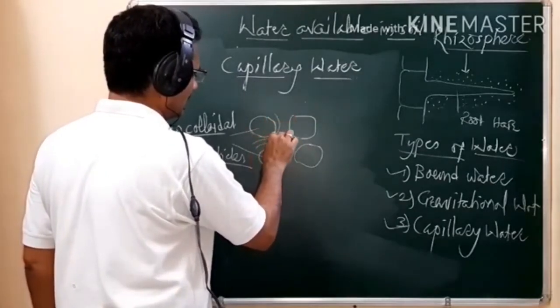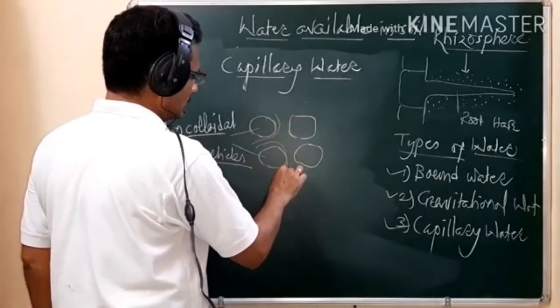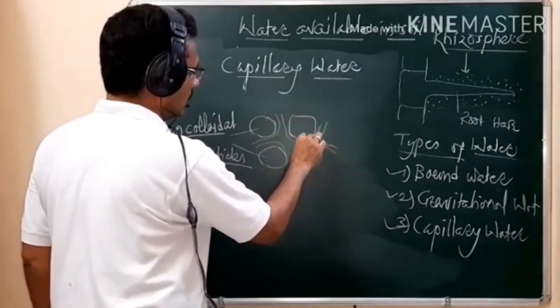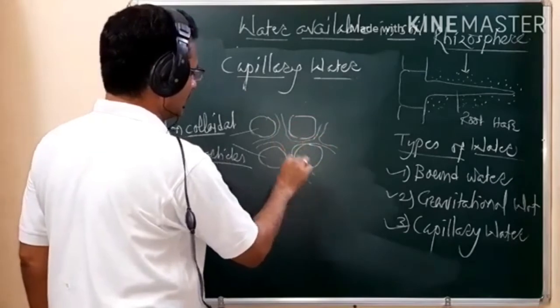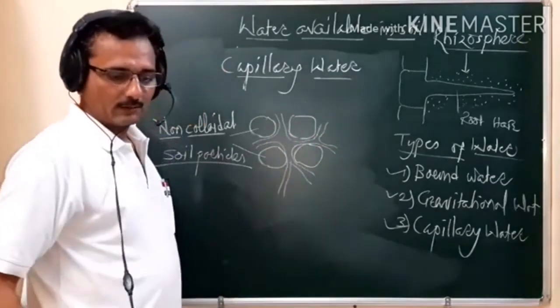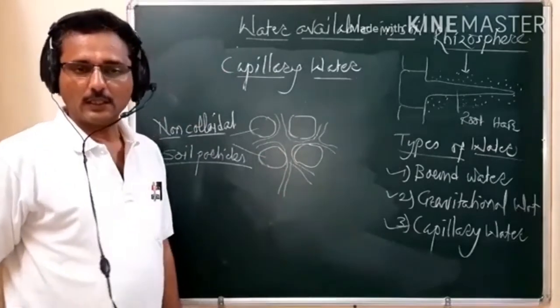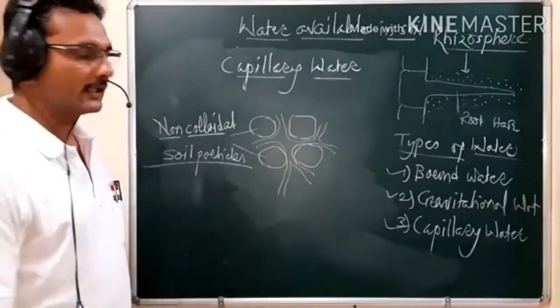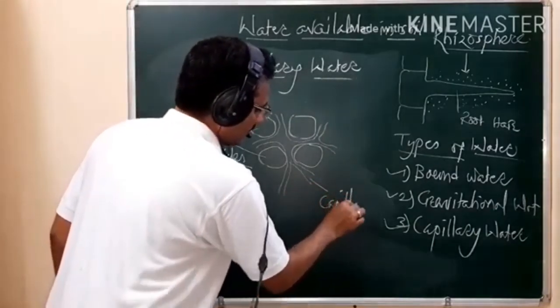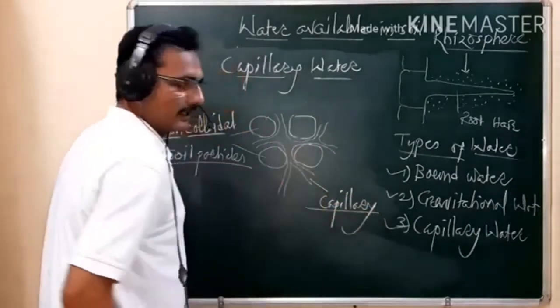Such type of space is developed in between these non-colloidal soil particles. So this space looks like a capillary.